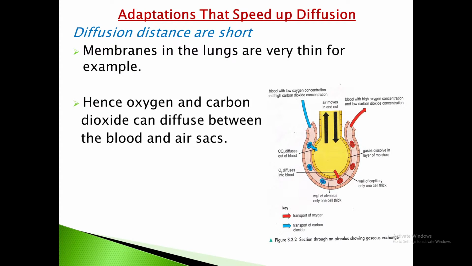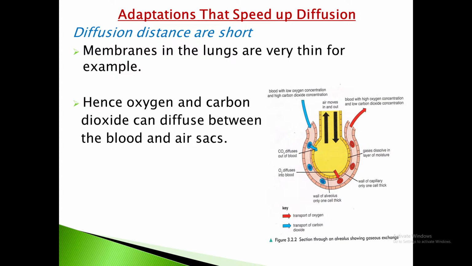Diffusion distances are short. What that means is that if a substance is going to move from one body part to another by the process of diffusion, the closer those two different body parts are to each other, the faster the rate of diffusion will be.